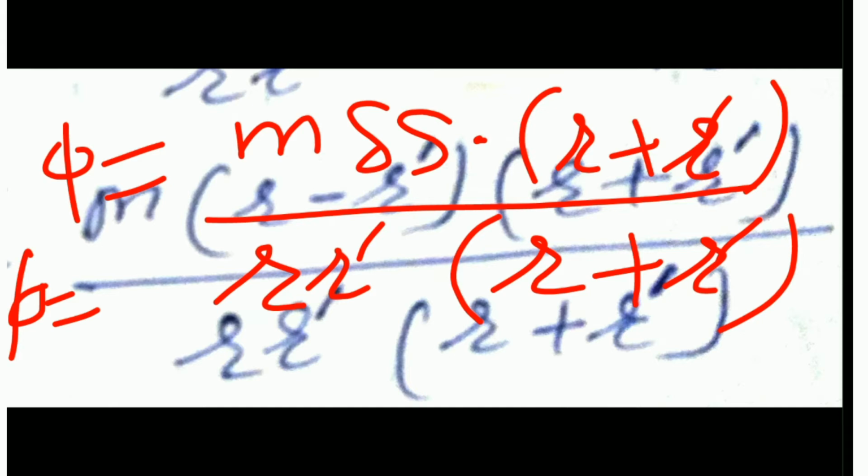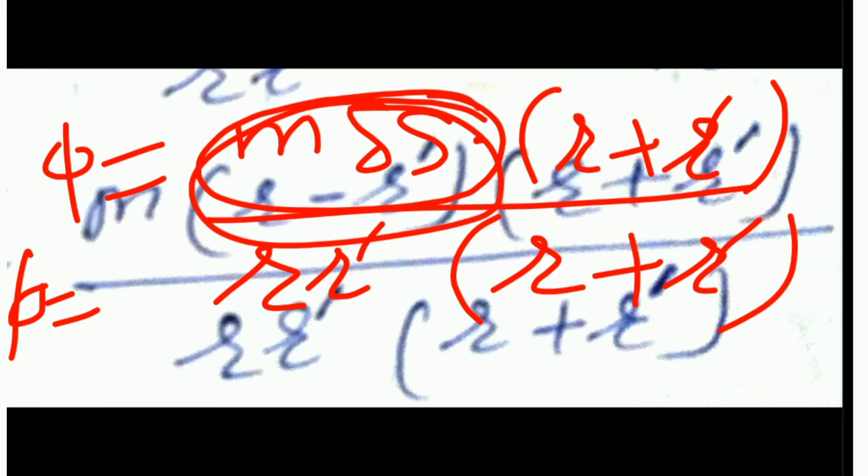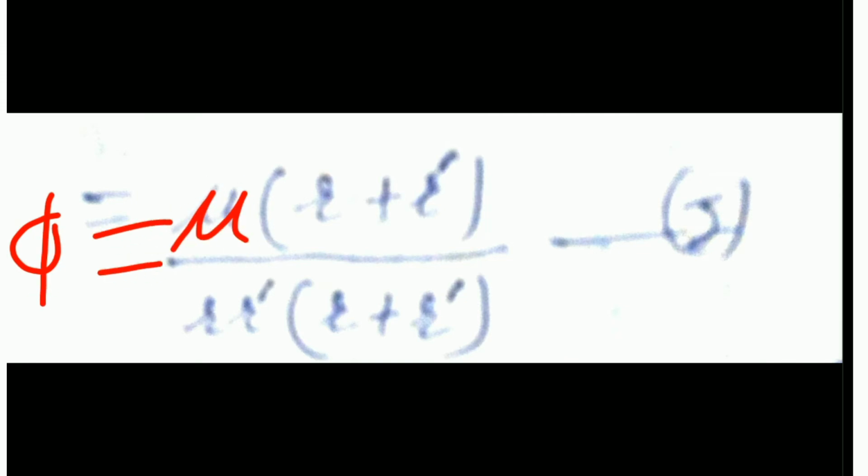We know that mu is m delta s, so in place of m delta s we can write mu, and therefore we get phi is equal to mu in bracket r plus r dash divided by r dash into r plus r dash.